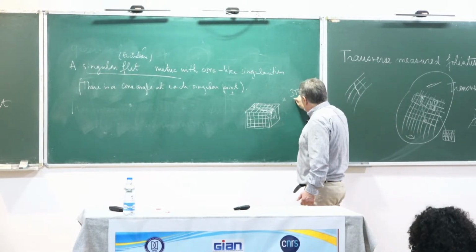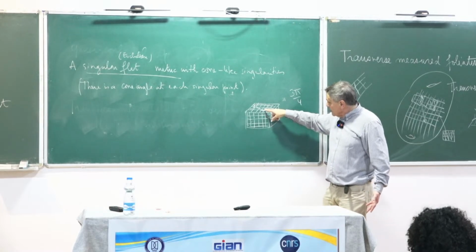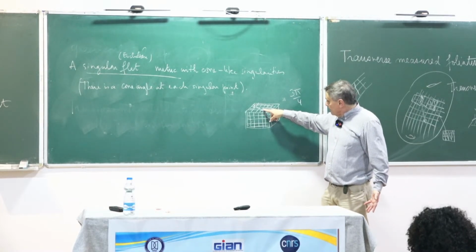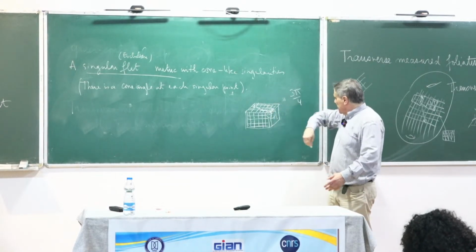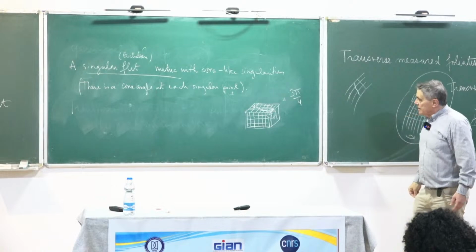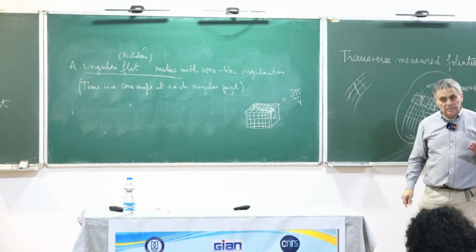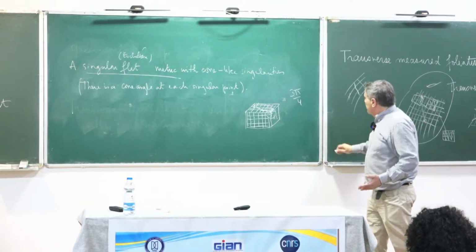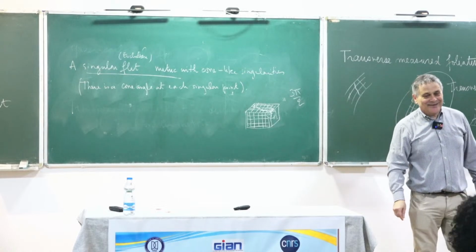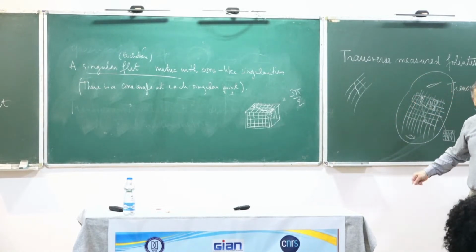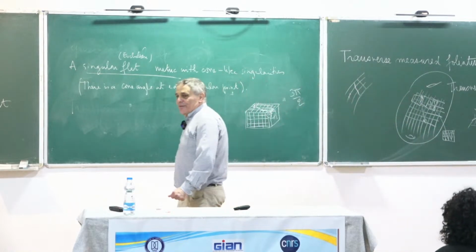This is why somebody can live on this parallelepiped, but when he arrives at this point, the total angle at the horizon is 3 pi over 2. So this is why it's a singular metric.